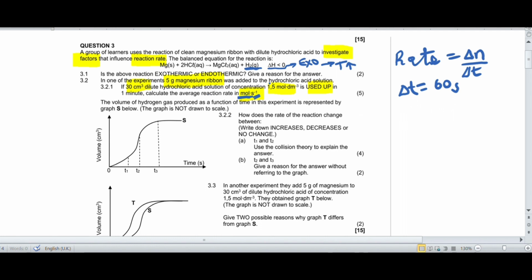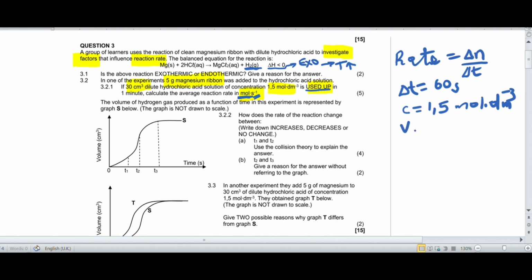Now we need the number of moles that we used up, then we calculate the rate. So we have the concentration, which is equal to 1,5 mole per dm cube. Then we also have the volume, which is 30 centimeter cube.